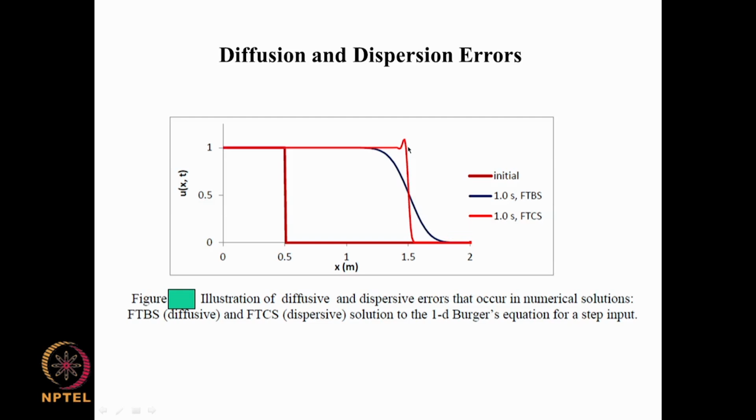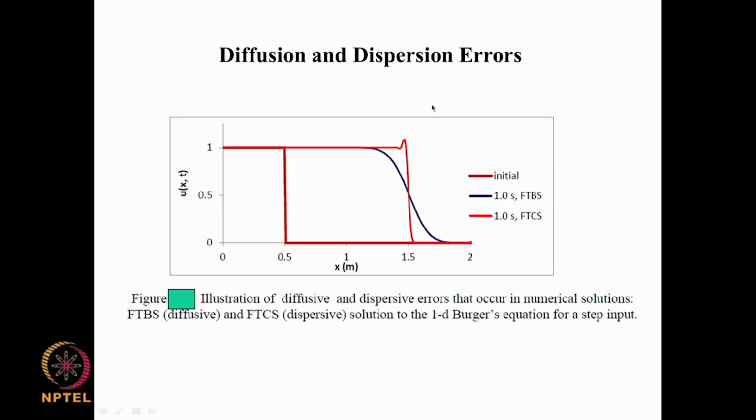Instead of being a sharp step down, it is diffused over a much larger length here. In this case, all the way from 1.3 to 1.7, it has a non-zero value. Okay, it has less than 1 value.